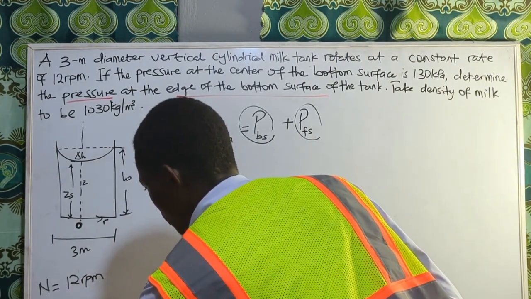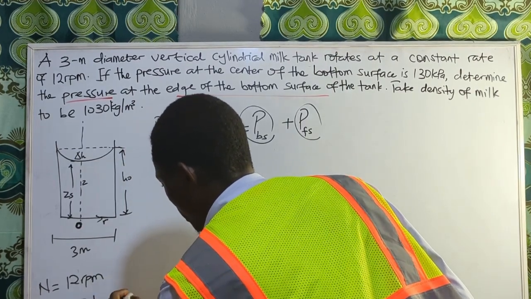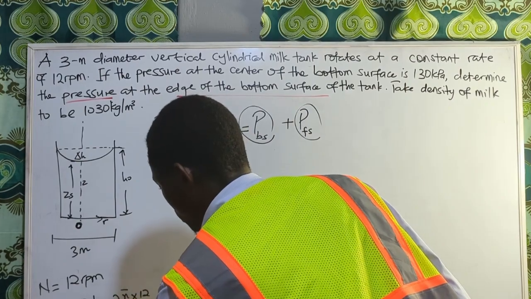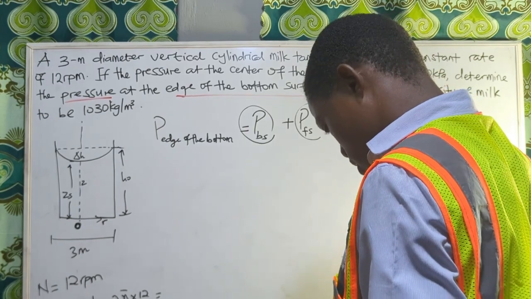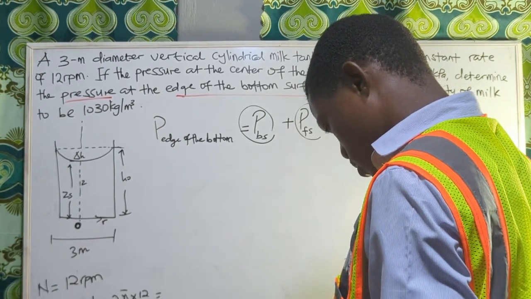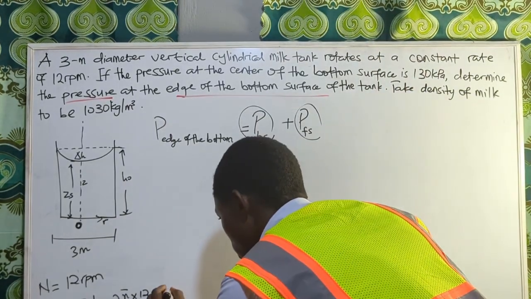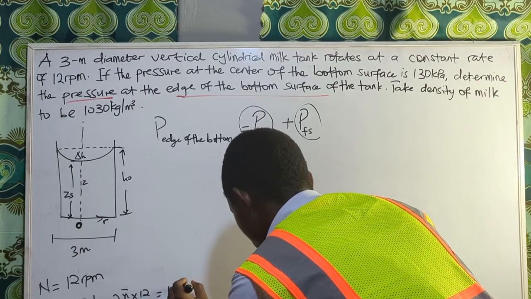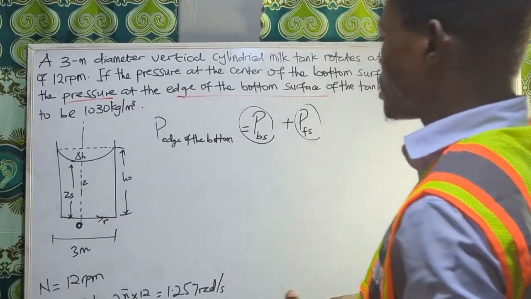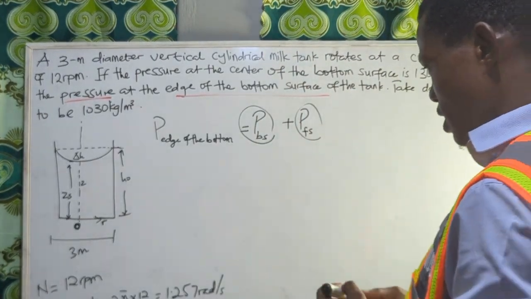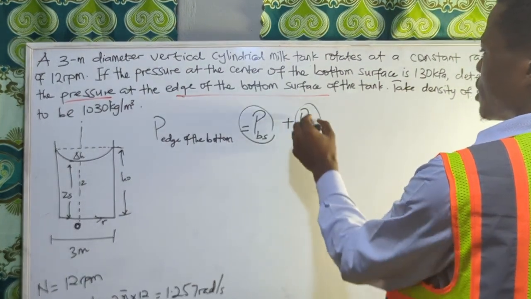That's going to give us 2 pi N over 60, which is equal to 2 pi times 12 over 60, which is 1.257 rad per second.